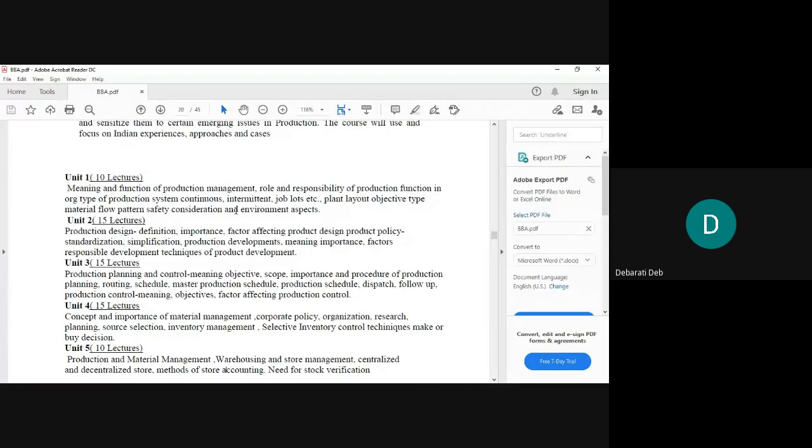If you do the assignment properly, then you can have a practical outlook of the theoretical portion which I am teaching you. So it is very important to do the assignment also. Related to plant layout, I had given you one assignment that you are supposed to submit today.